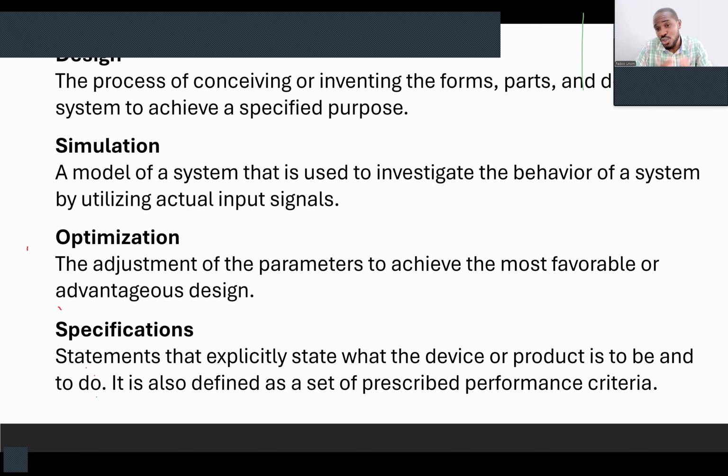So you have air conditioning systems that are designed, and that's the specification. They say, build for me a system that can control the temperature of a room between 16 degrees Celsius and 30 degrees Celsius. That's a statement that says explicitly what your device should do.